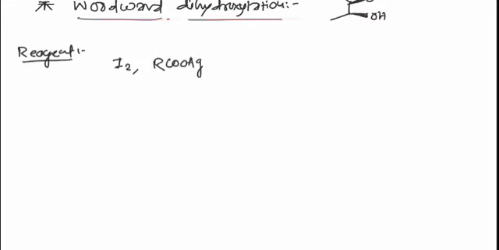So here Woodward dihydroxylation is a type of reaction where we can prepare the syn diol, and the reagents used in this transformation are iodine in combination with silver acetate, that is RCOOAg, and here the most important condition is what?